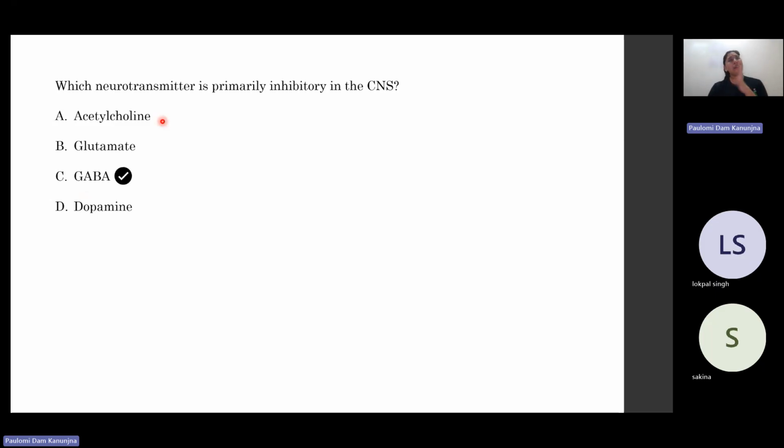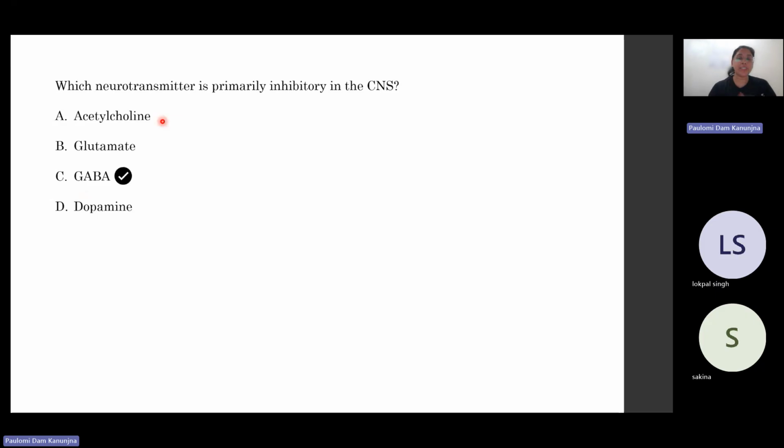If you have read about the synaptic cleft and synapse transmission, acetylcholine is something you definitely know. There are acetylcholine receptors on the cells. It's present in the muscular system, so it's a neuromuscular junction transmitter.